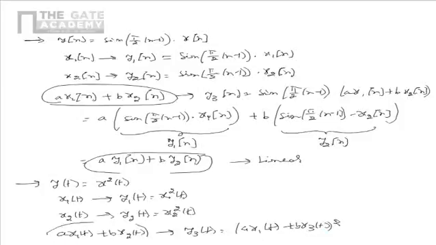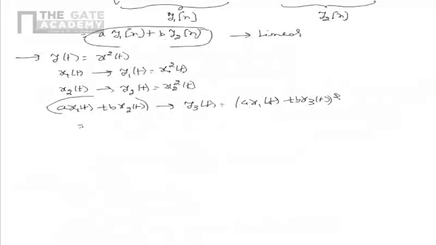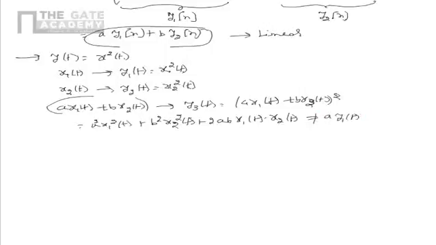So for a x1 of t plus b x2 of t, the output is just the square of the same, which can further be written as a square x1 square of t plus b square x2 square of t plus 2ab x1 of t x2 of t. So this wouldn't definitely be equal to a y1 of t plus b y2 of t. From this, we see that the given system is non-linear.